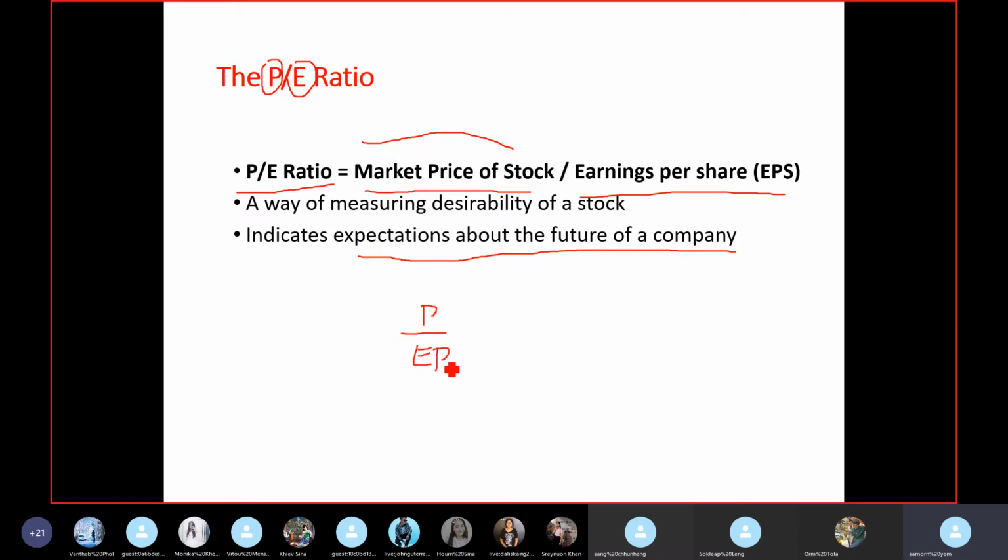If earnings per share go sharply down to 0, the PE ratio grows very fast. Earnings going down to 0 means the company has no profit, and it will make the PE ratio increase sharply.